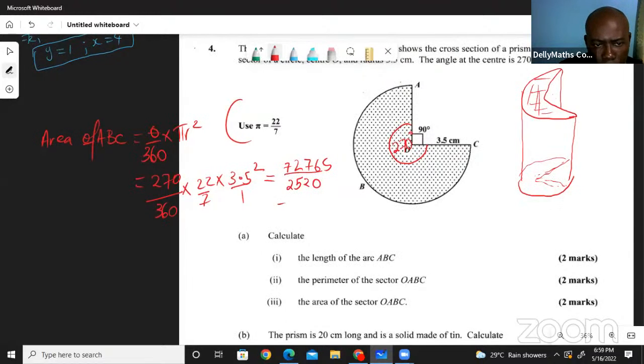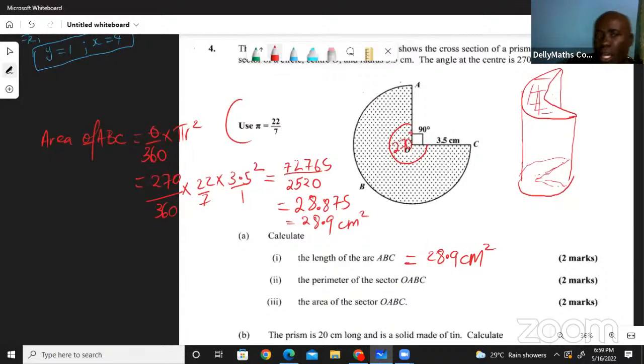So I'm going to carry it out now: 72765 divided by 2,520, and this becomes my area, 28.875, but I'm going to use 28.9. So my area is equal to 28.9, because I'm using 3 significant figures. They did not give me any specific instruction, so I'm using 3 sig fig.